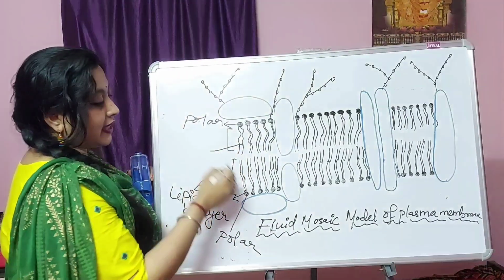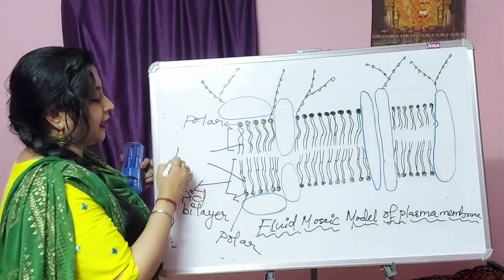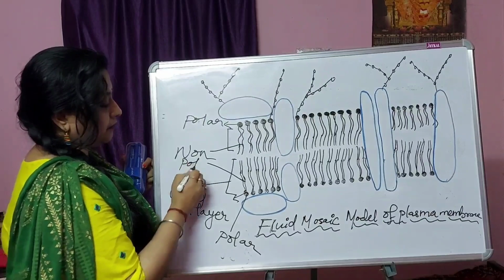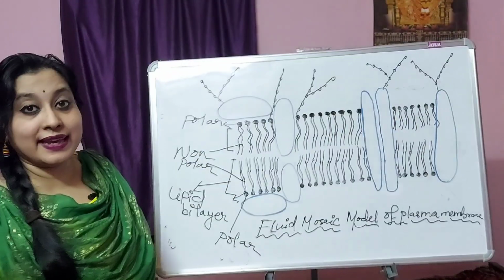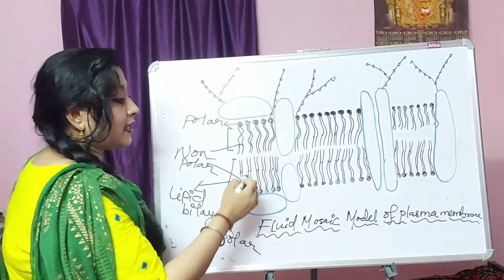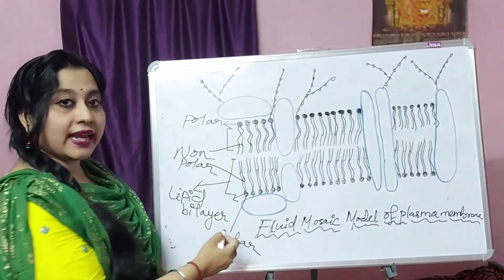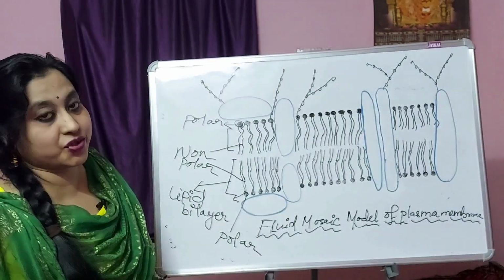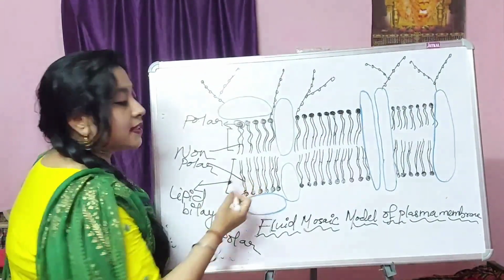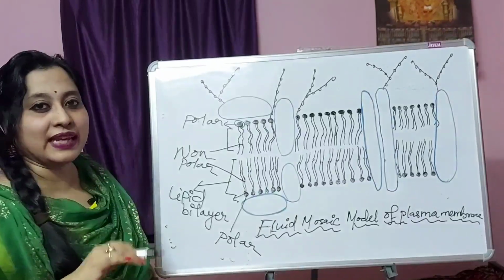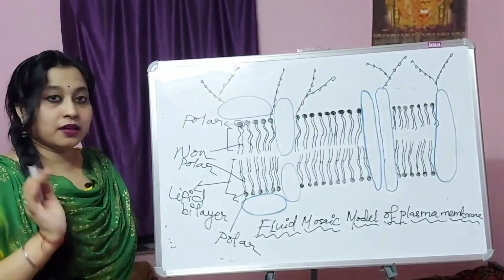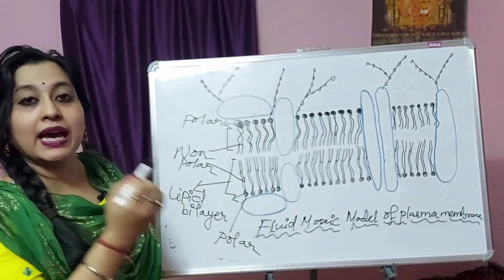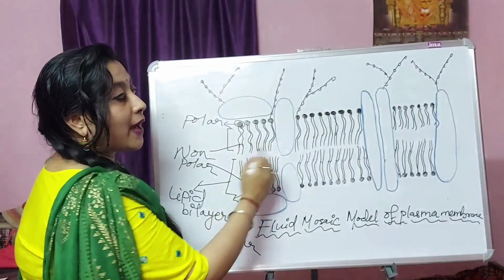They have head and tail, and the tails are non-polar, hydrophobic. Head is polar, and these are water loving in nature. And this is the tail region, they are water repelling, they hate water. Got the point? So this is how lipids are arranged in the plasma membrane in bilayer form.